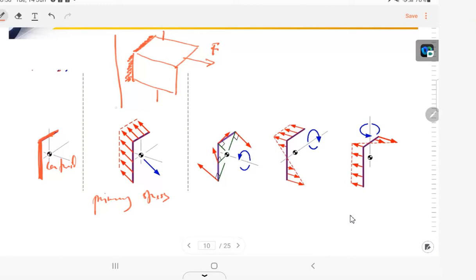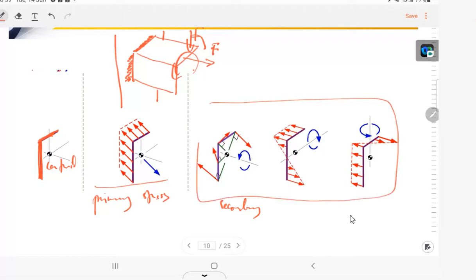Okay. And if there is a torsion from here, we need to calculate the secondary. And for bending, the force, like for example here, so this is for bending. So this is all the secondary.